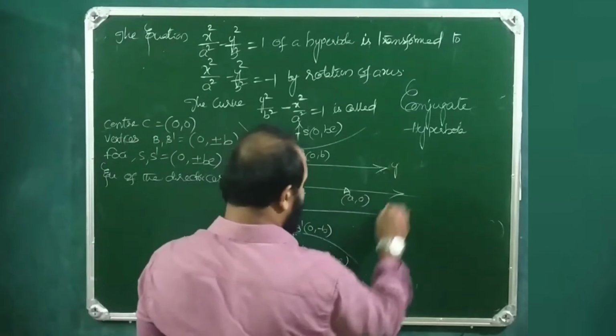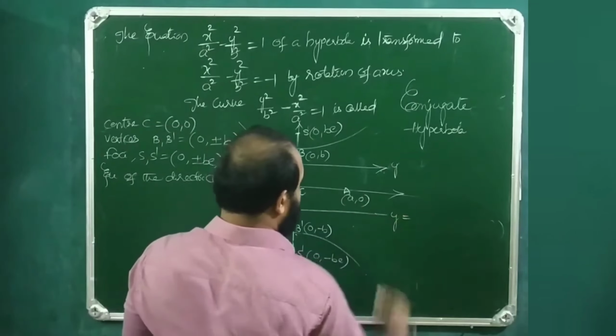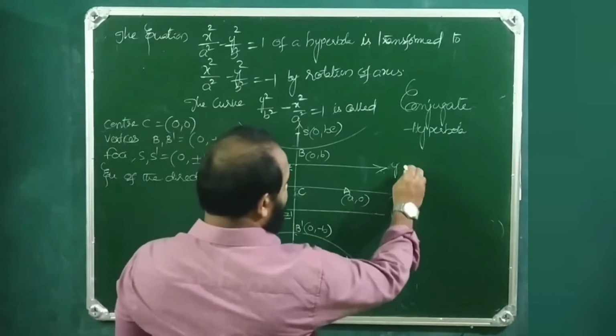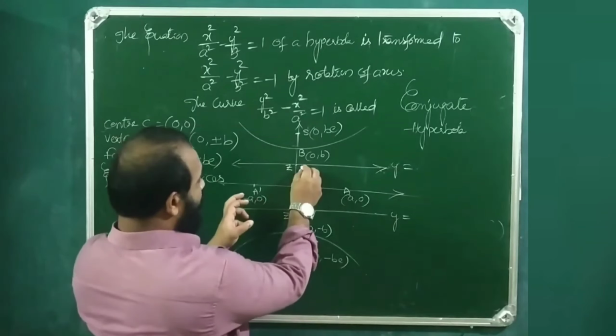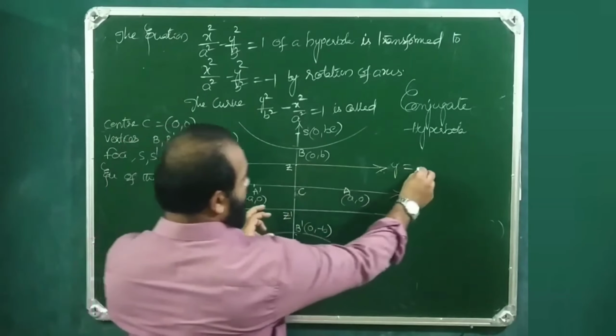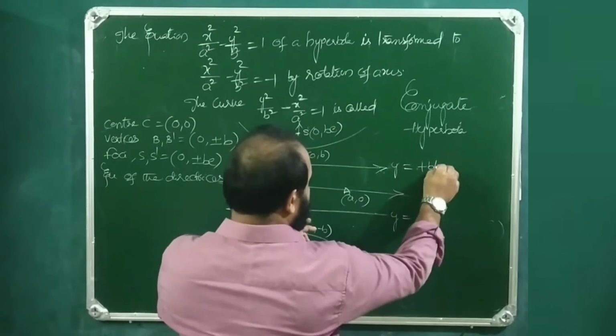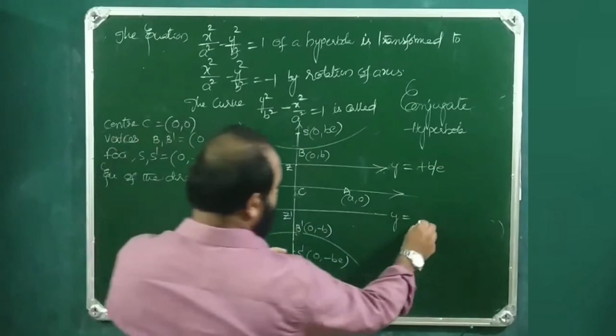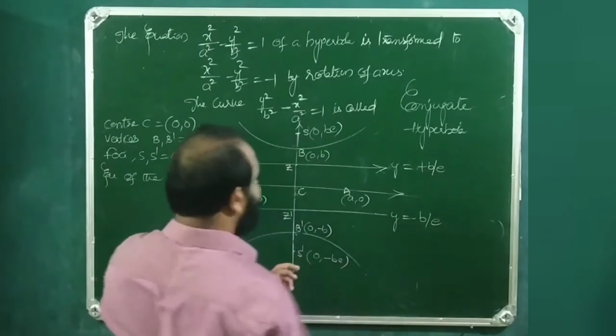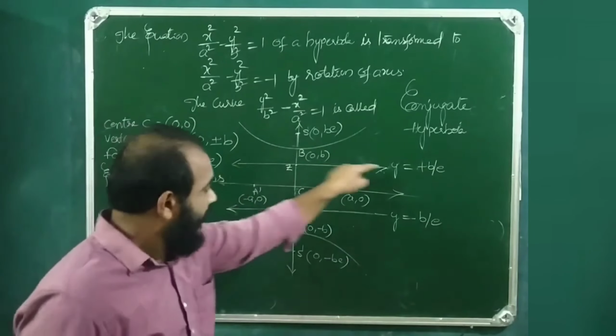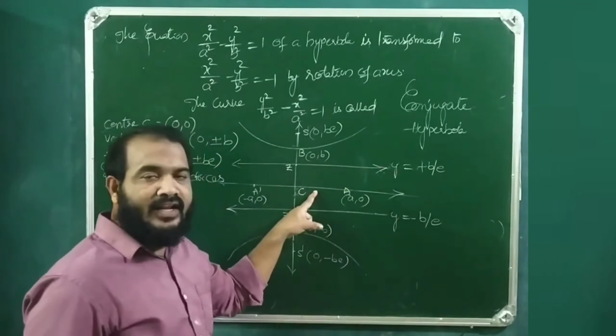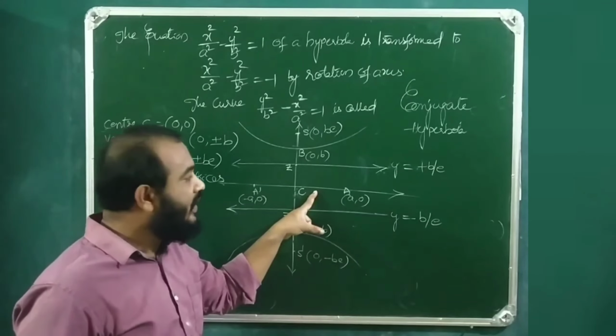So y is equal to plus b by e, and this one is minus b by e. This line is parallel to the x-axis, and any line parallel to the x-axis is of the form y equals k.